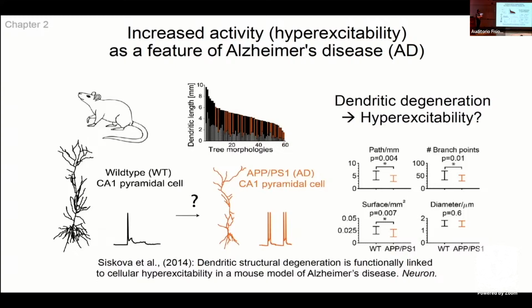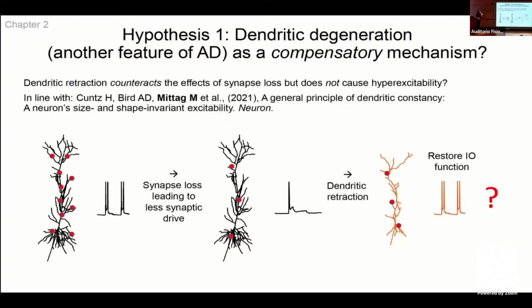However, our hypothesis first was that this is not the mechanism that leads to the increase in excitability. The reasoning is that these Alzheimer's cells, during the progression of the disease, also show synapse loss.